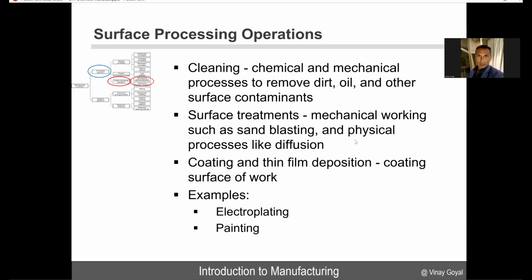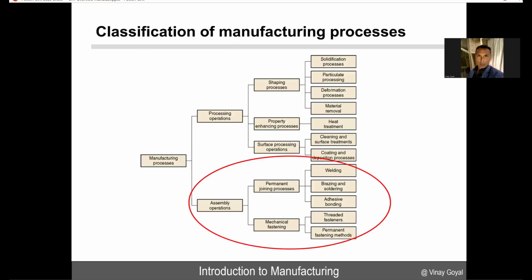Coating and thin film deposition is a great approach because it requires coating the surface of the work. It provides better performance in operation, like electroplating and painting. It can also provide protection in many cases, like painting. We'll discuss those later. And then you have the assembly operations, which I had discussed previously, and if we have time, we'll be spending some time there as well.